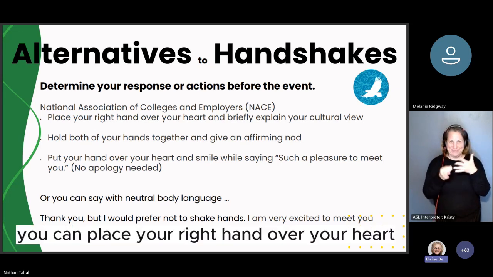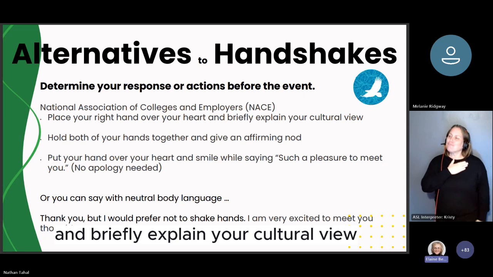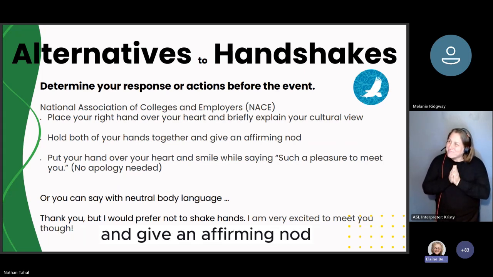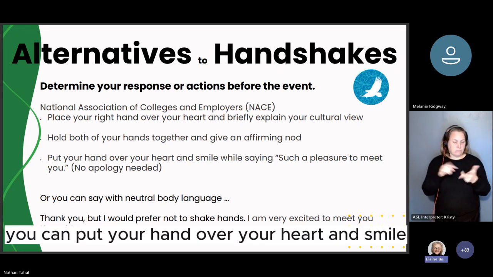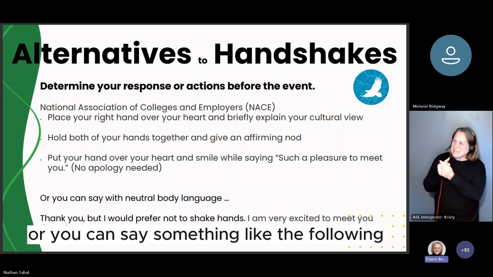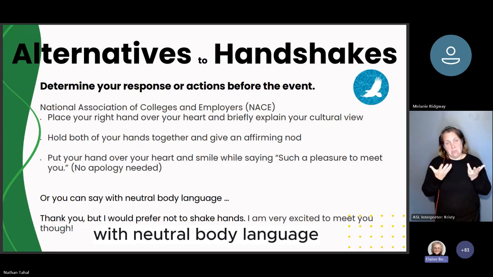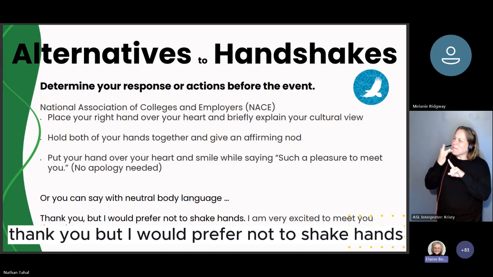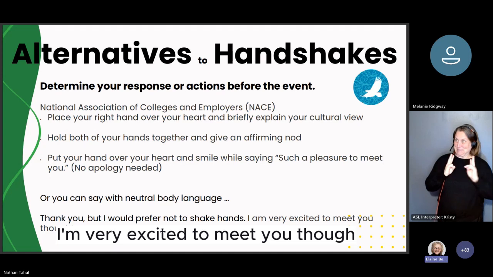You can place your right hand over your heart and briefly explain your cultural view. You can hold both of your hands together and give an affirming nod. You can put your hand over your heart and smile while saying, "Such a pleasure to meet you." Or you can say something like the following with neutral body language: "Thank you, but I would prefer not to shake hands. I'm very excited to meet you, though."